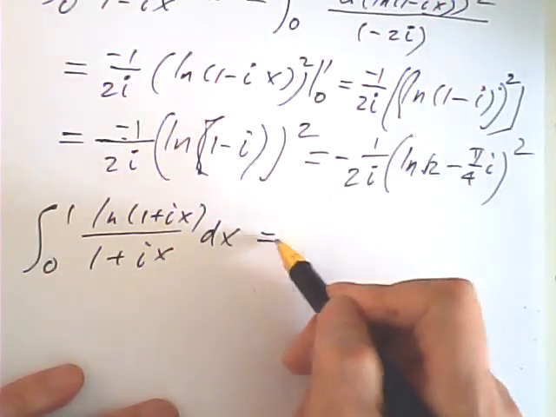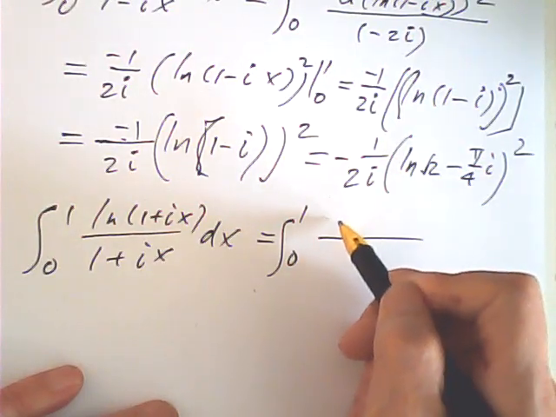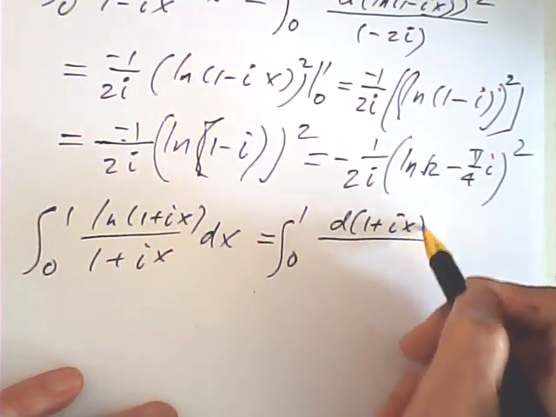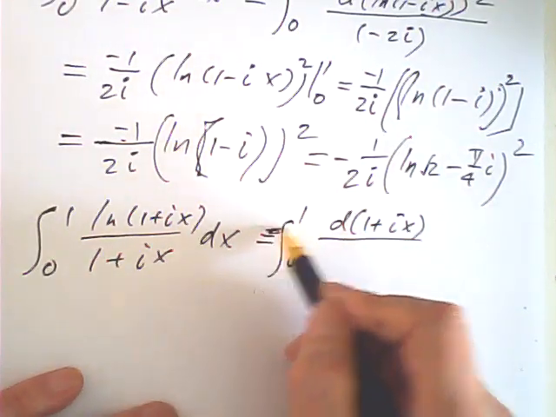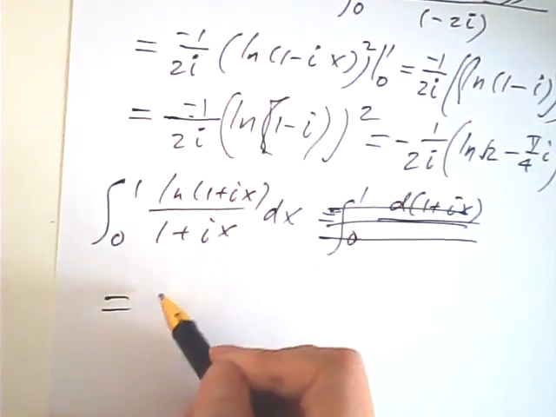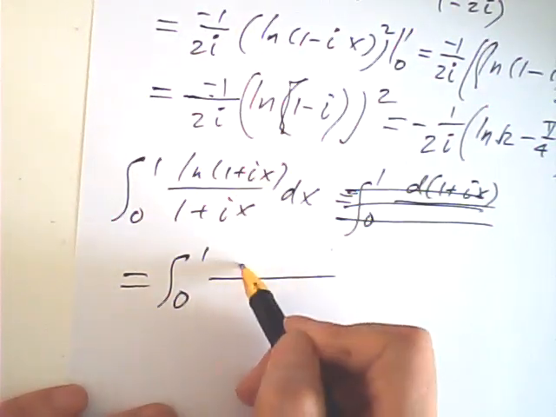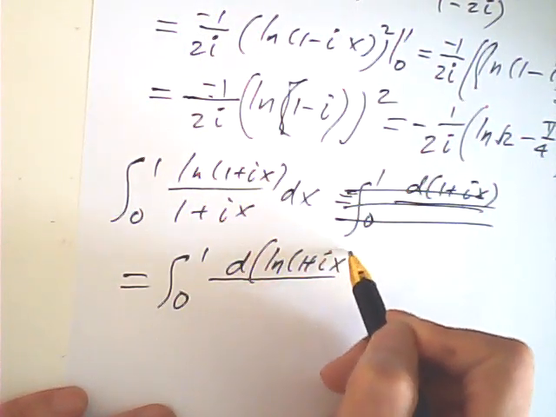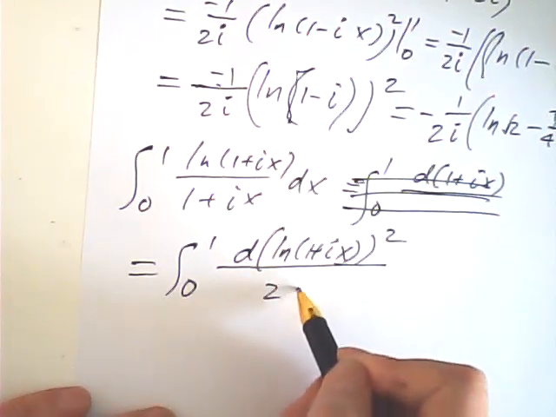For the same reason, this is equal to d of log of (1 plus ix) squared, and with a 2 right here.